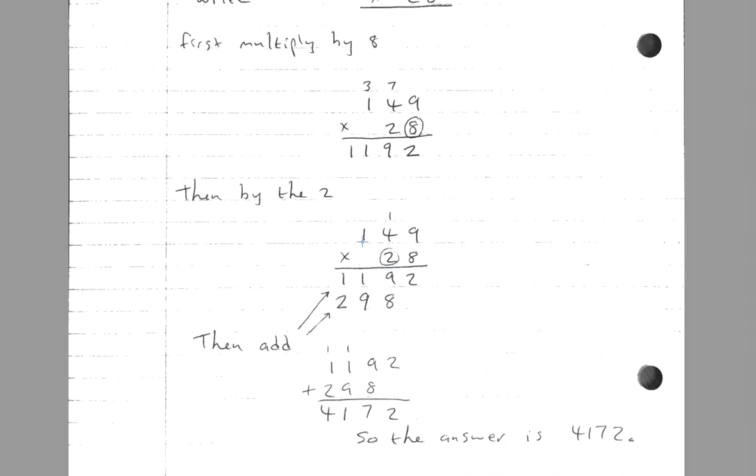So now we have to multiply 149 by 2, but it's not really 2, it's really 2 tens. Okay, so first it's 2 times 9, so that's 18.